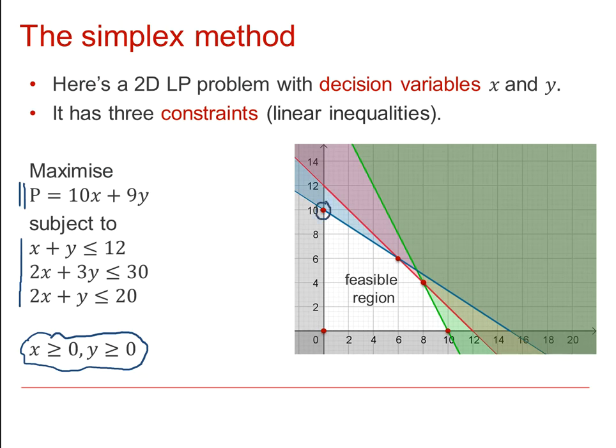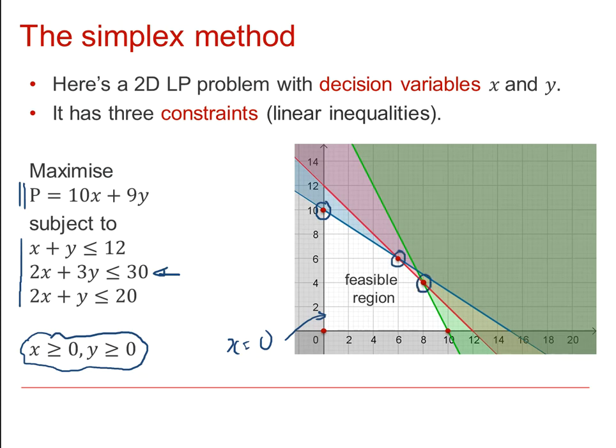So for example, that one there is given by 2x plus 3y is less than or equal to 30, or equal to 30 for the equation, so this one here, the blue one, and the line which is x is equal to 0. So that point there is the solution of those two equations, and likewise for any other vertex.